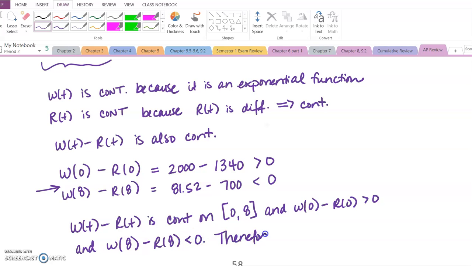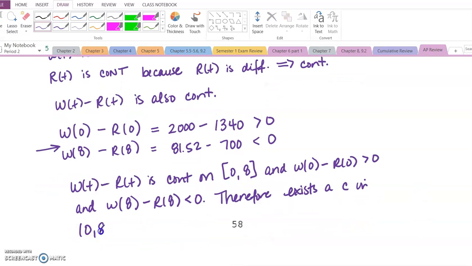Therefore, there exists a C in (0, 8) such that W of C minus R of C is equal to 0.